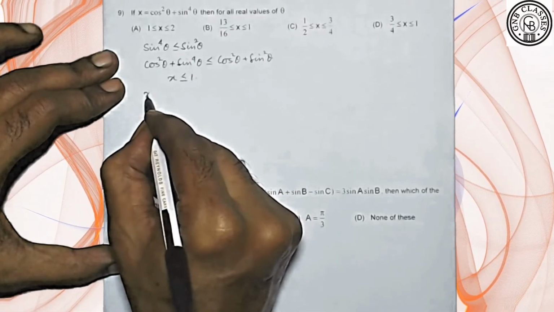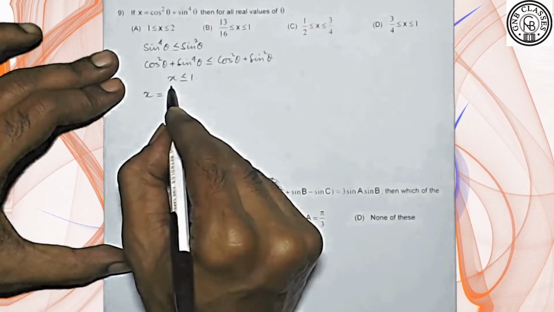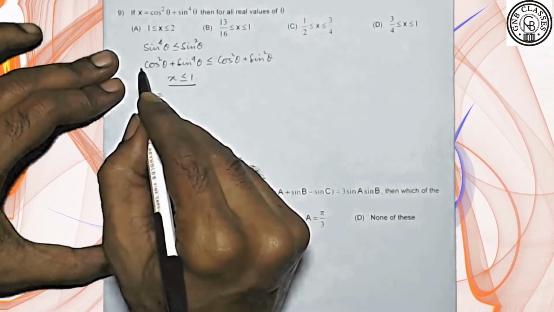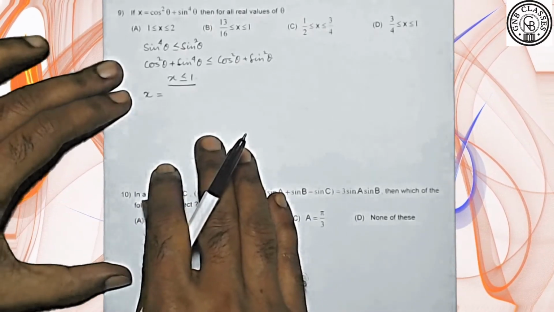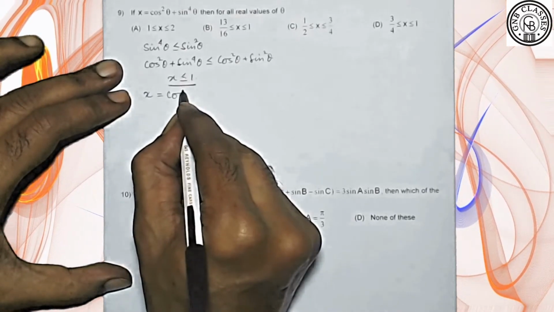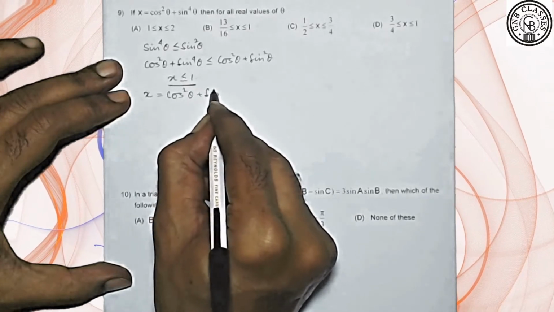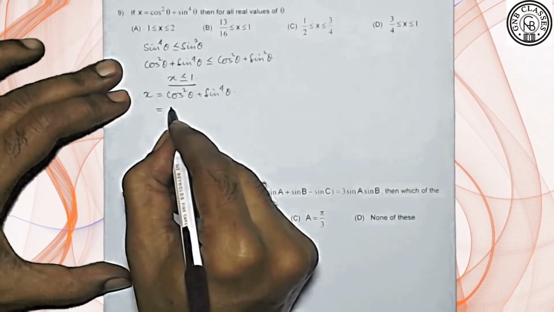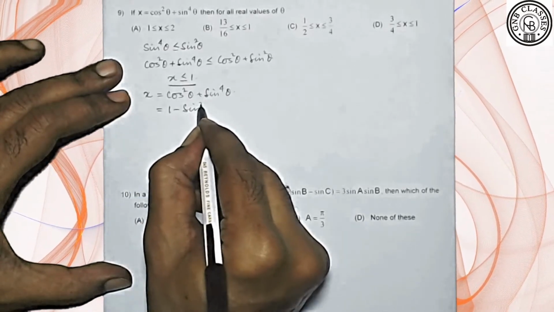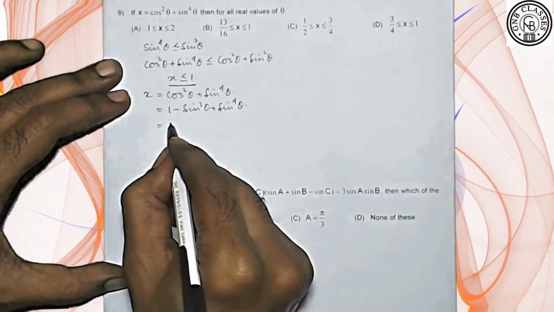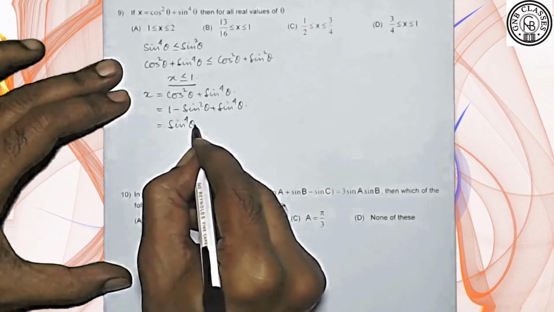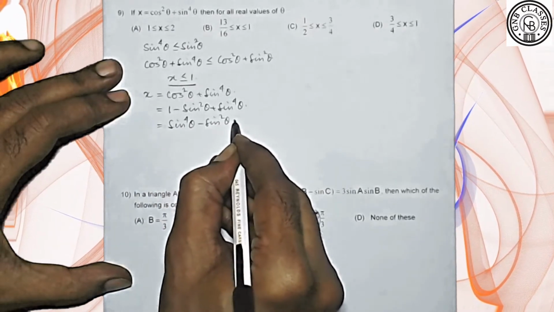Now, this is the upper limit for x. Now we have to find out the lower limit also. So for that, we are having x as cos square theta plus sine to the power 4 theta. Cos square theta can be written as 1 minus sine square theta. So which is sine to the power 4 theta minus sine square theta plus 1.